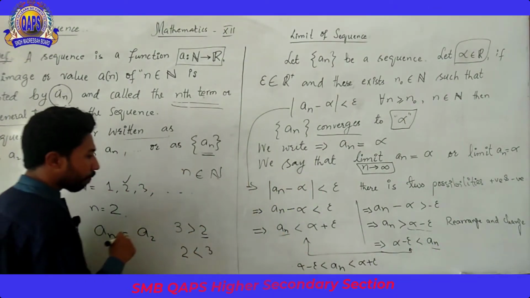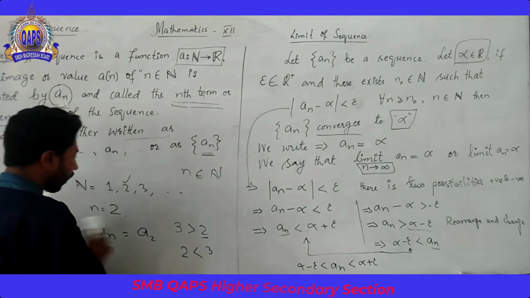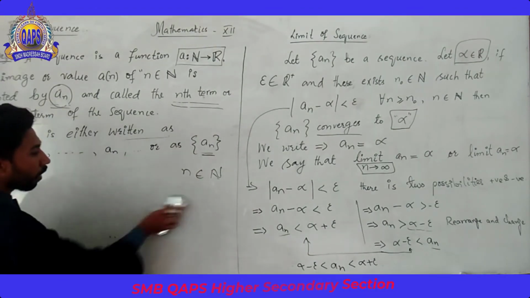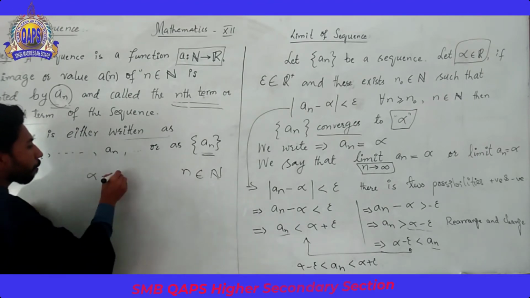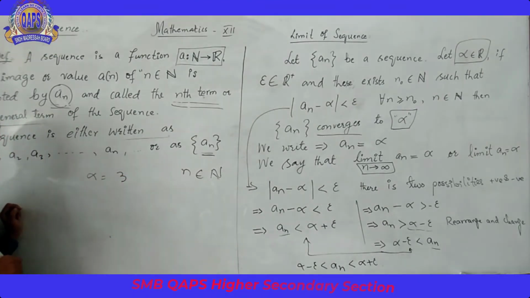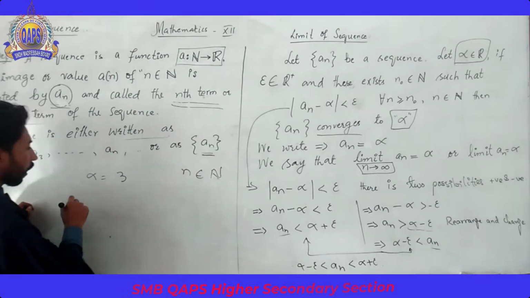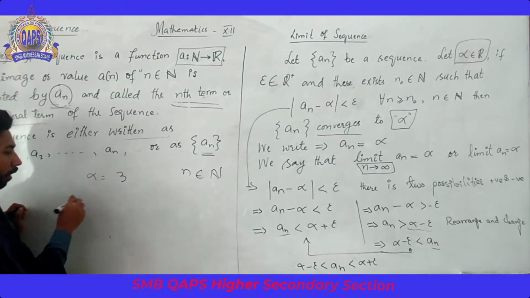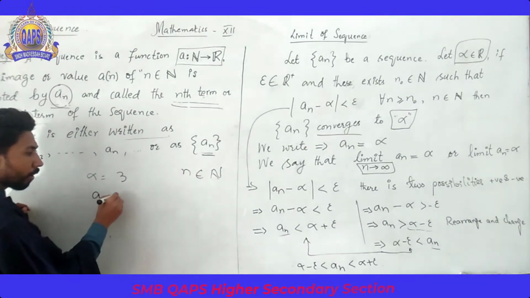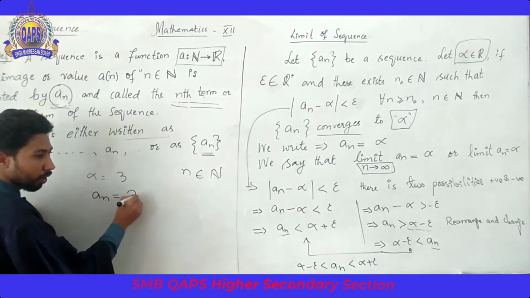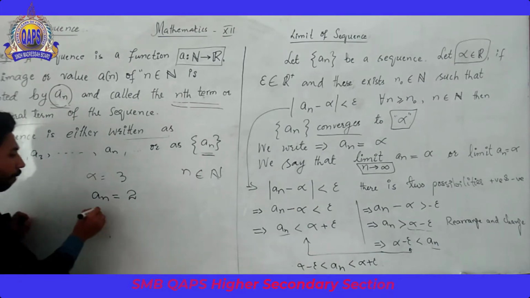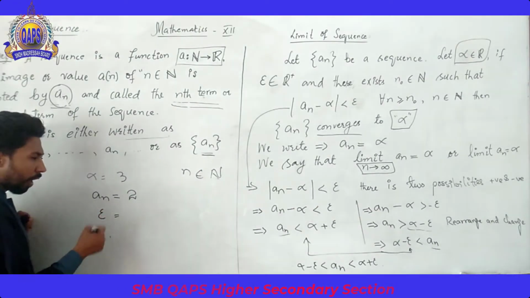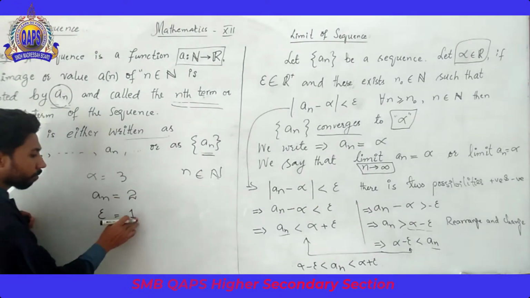Let's suppose alpha is equal to 3, an is equal to 2, and epsilon is equal to 1.